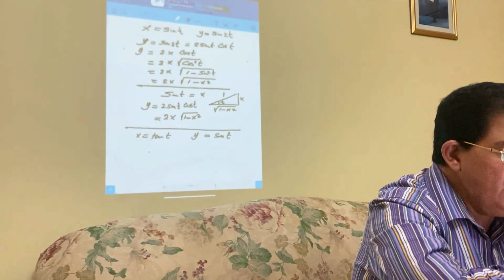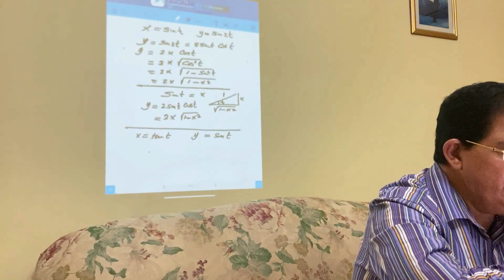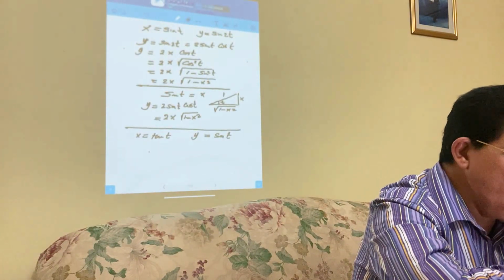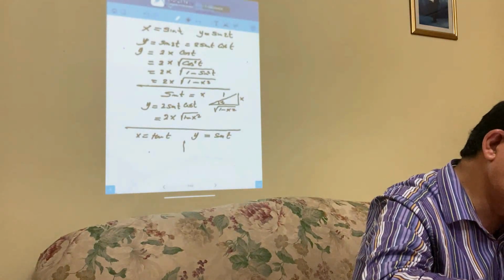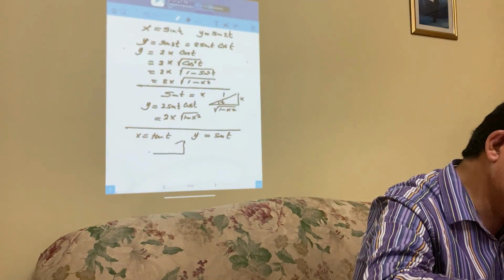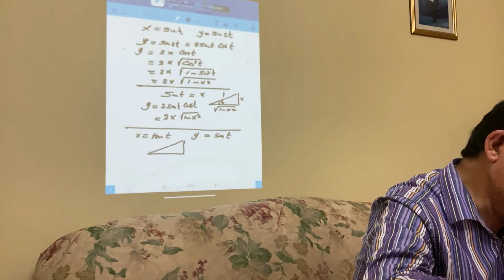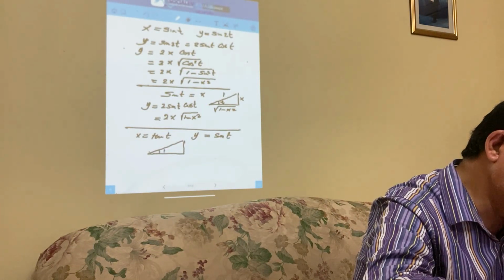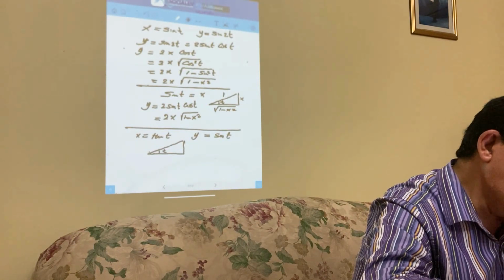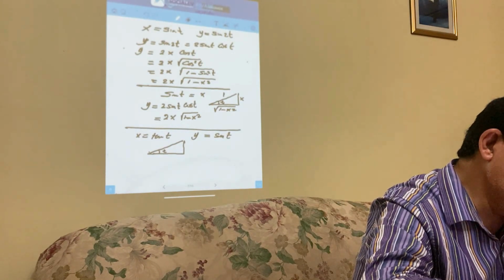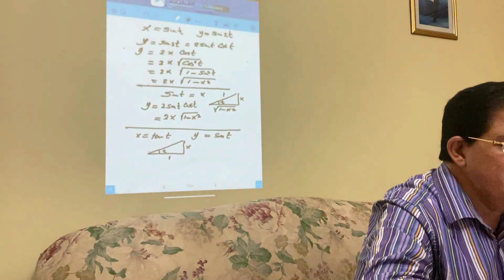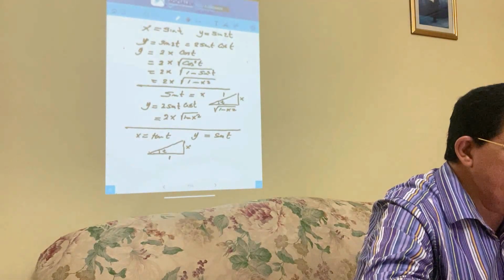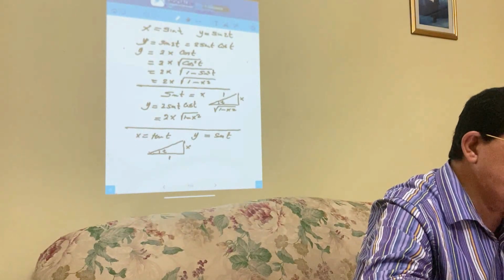There is no direct identity between sine and tan. Then I can draw a triangle. This is angle t. Tan t is x, so this side is x and this side is 1.